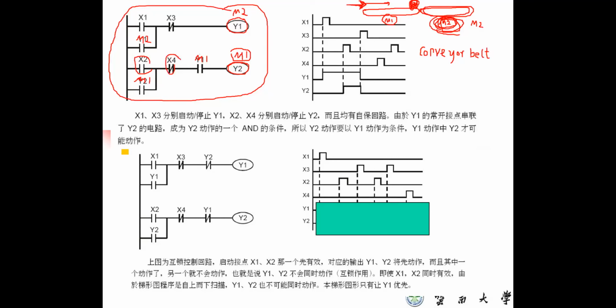So when we start model 1, model 2 must be running. If model 2 is not running, we can't start model 1. Do you know? So this programming is for this case.